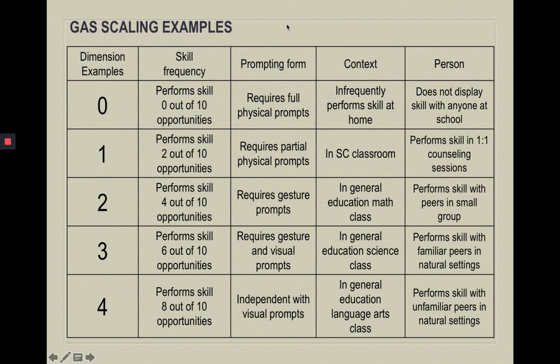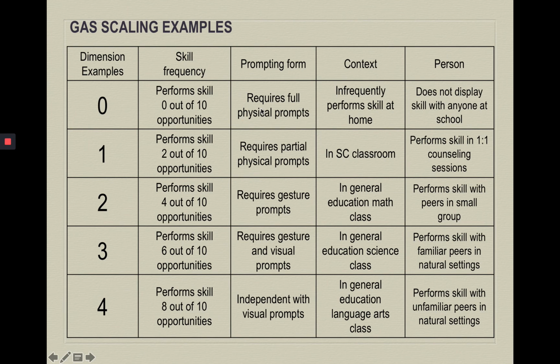Now, sometimes people write IEP objectives with prompts, that they'll be able to engage in that target behavior given certain prompts. So you might scale according to the intensity of prompts that are needed. Right now, to respond to a peer's request for a snack item, it requires the teacher to do a full physical prompt.